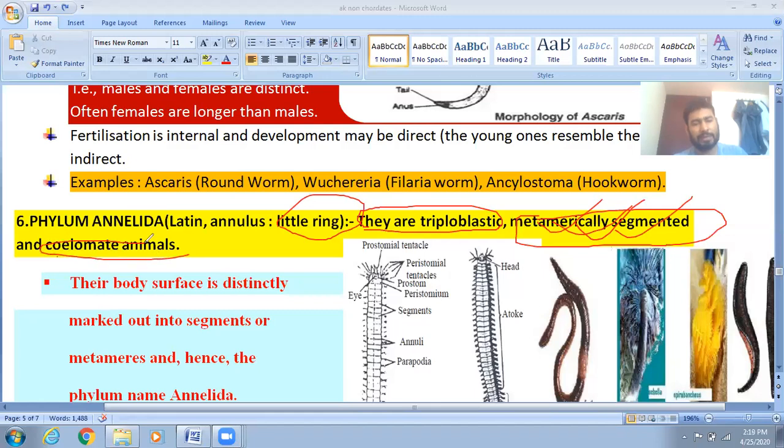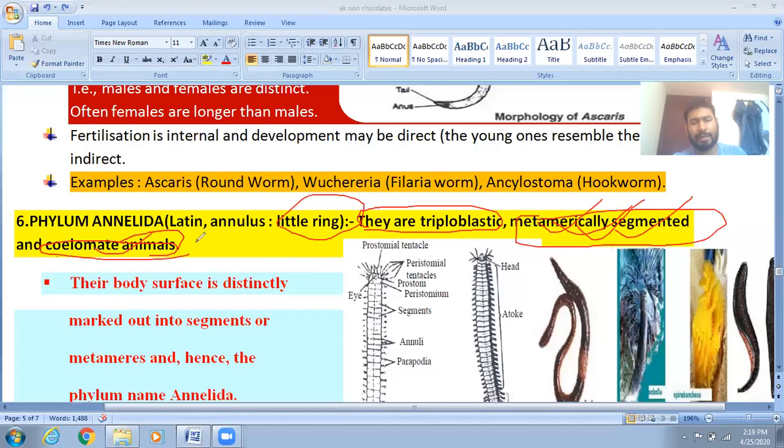And these are coelomate animals. You already saw that the Aschelminthes are pseudocoelomate, but here they are coelomate. It means they have a true coelom. Clear? And coelom is of two different types: schizocoelic coelom and enterocoelic coelom. Enterocoelic coelom is also called deuterostome, and schizocoelic coelom is also called protostome.